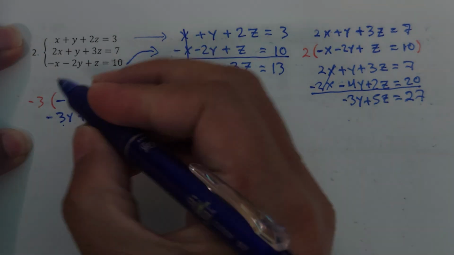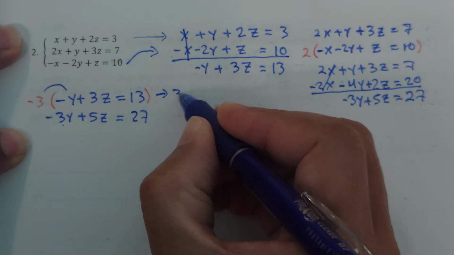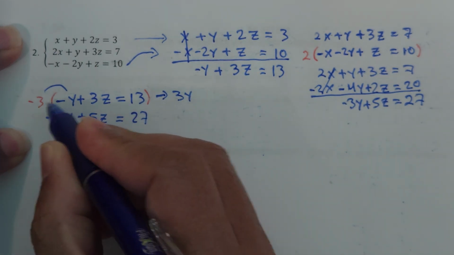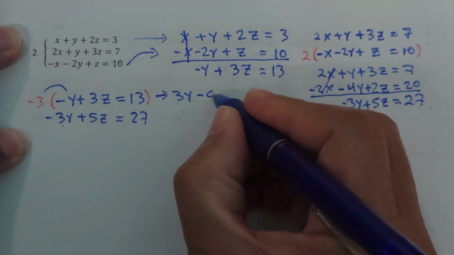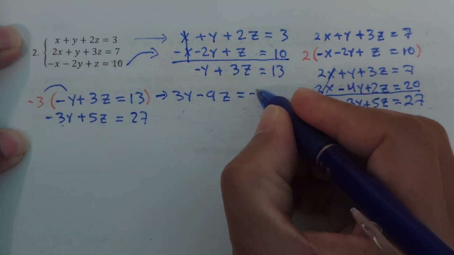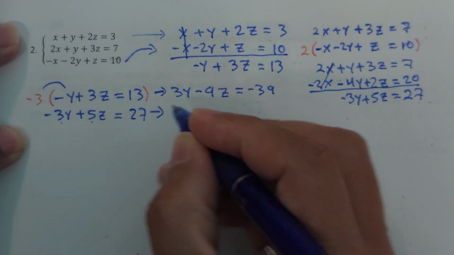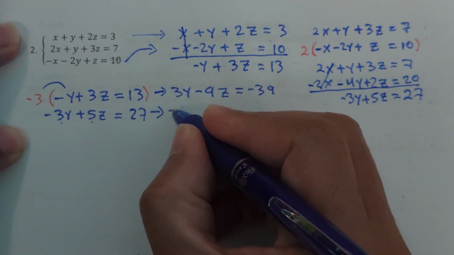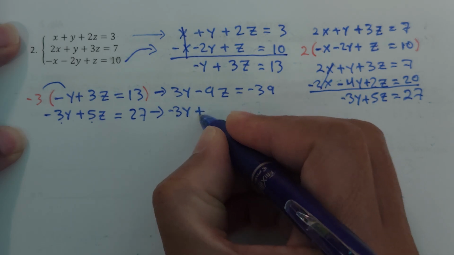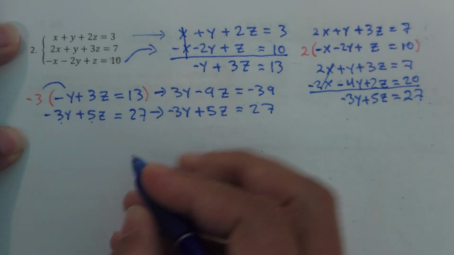So then distributing negative 3 times negative y, that's positive 3y. Negative 3 times 3z, that's negative 9z. And negative 3 times 13, that's negative 39. And this equation, I'm just going to copy it, leave it as it is. So then this is negative 3y plus 5z equals 27.